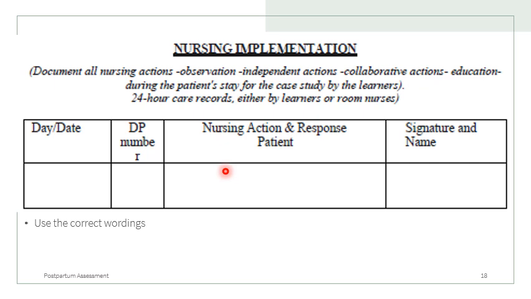As a nurse, we can provide assurance, but we can also do a collaborative treatment by providing a counseling service for 1 hour to this mother. And then after that, we can see the response of the patient, whether the patient is satisfied with the counseling or not. If the patient is really satisfied, we can write there that the patient is now gaining hope, knowing what to do in the future, and what plans she needs to make to raise the children well.